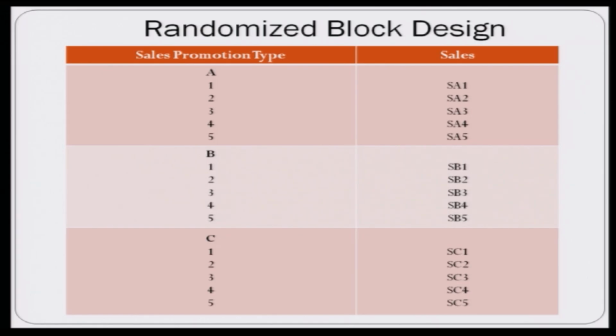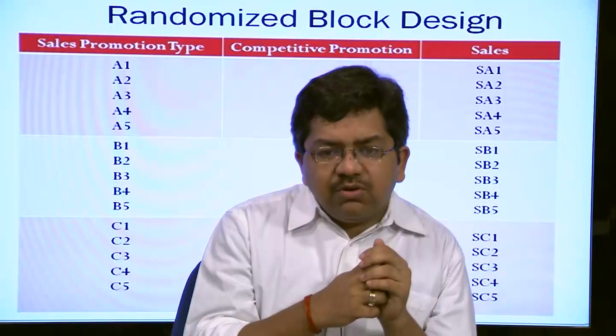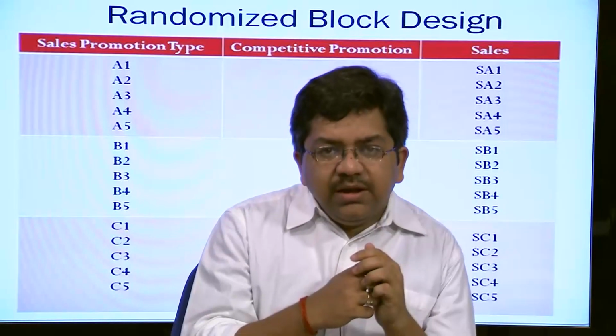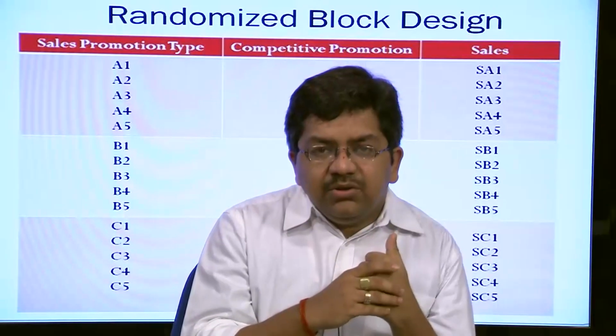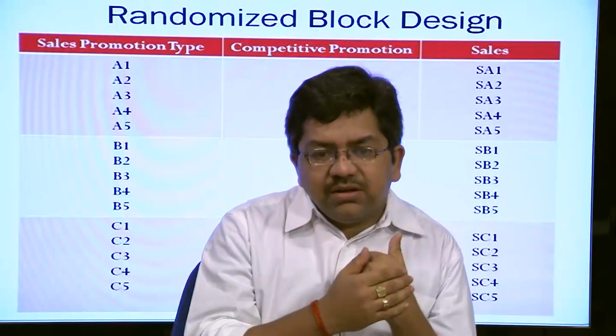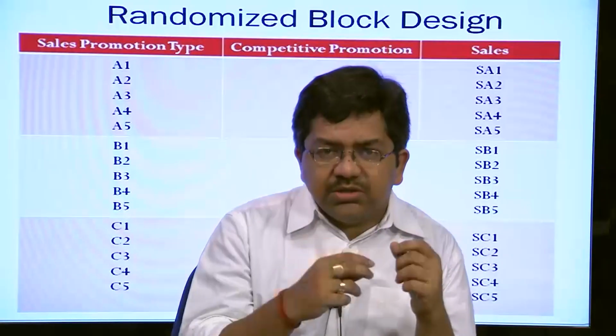However, when we are studying this relationship, it is important to understand the level of the competitive promotion. So, in this case an extraneous variable, the competitive promotion, has been controlled, and you see the different levels corresponding to your level of sales promotion.